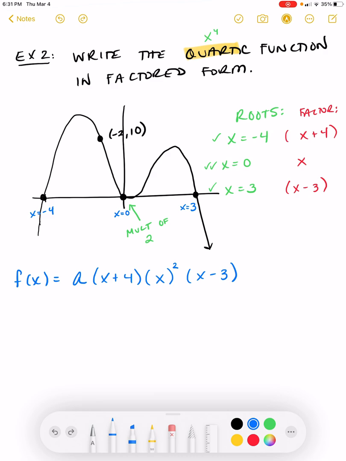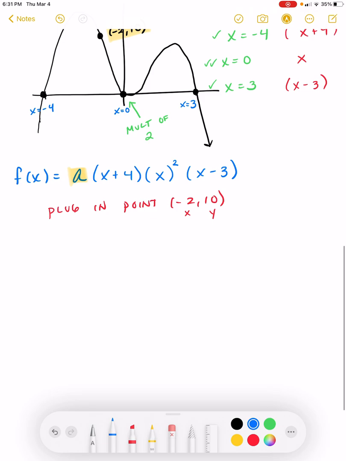Now, to make this graph pass through the point -2, 10, it's the vertical stretch that makes that happen. So we are going to plug in the point -2, 10: -2 for x and 10 for the function value, and solve for that a value.